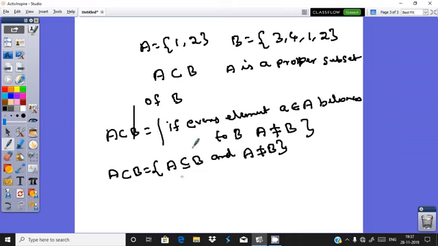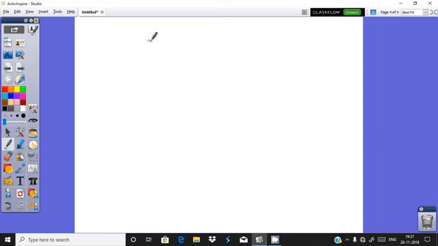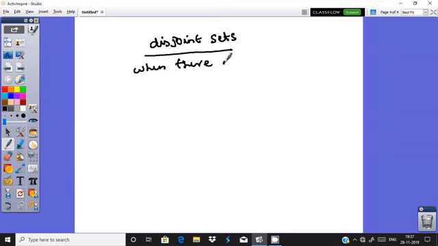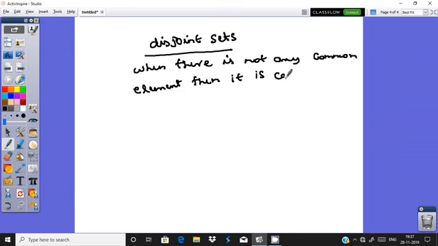And the next concept is we'll be learning about disjoint sets. Disjoint sets. When there is not any common element, then it is called disjoint sets.